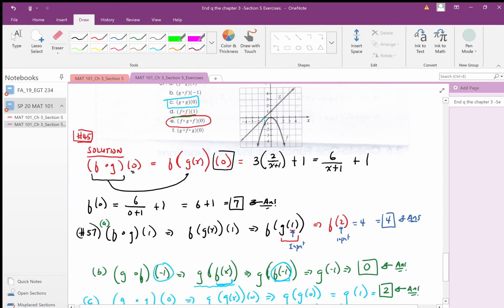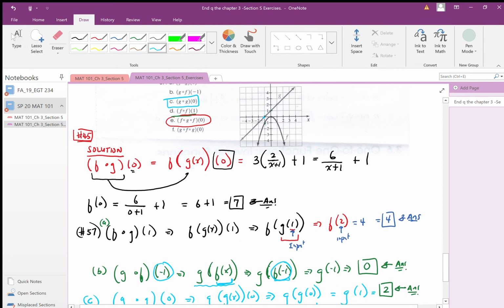So when you go to your graph at negative 1, you want to come down to the f graph. When you hit it, go over to the y-axis. That gives you the y value, which is going to be negative 1. Now it's going to be g of negative 1. Now you go to your g graph, okay? And then, again, this is your x value right here. I'm at negative 1. And you want to ask yourself, what's going to be the y value? Well, the only y value is going to be 0 in this case, okay?